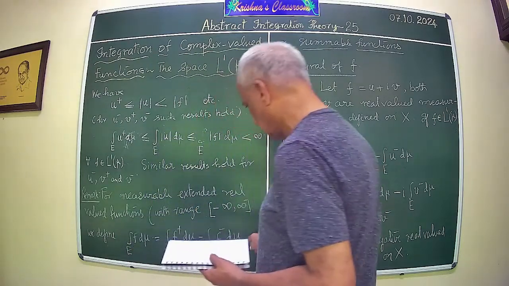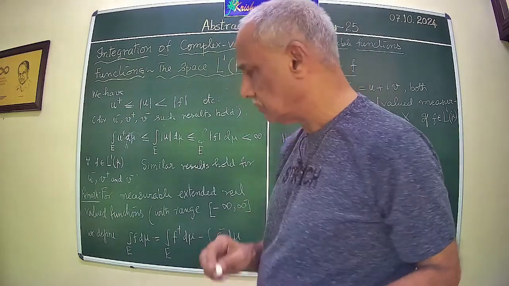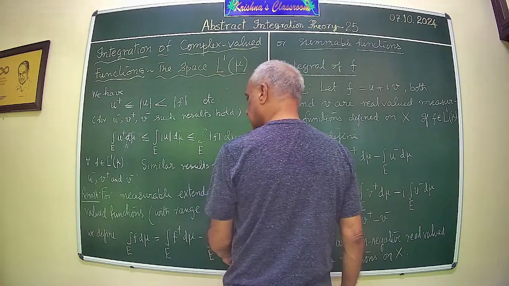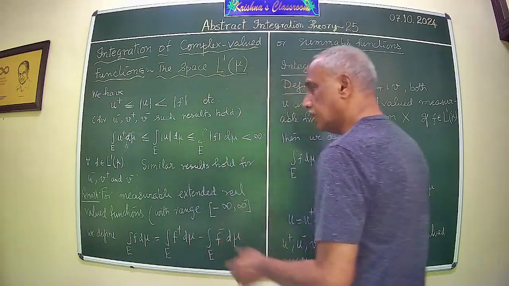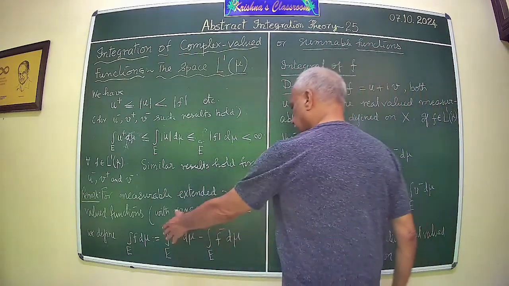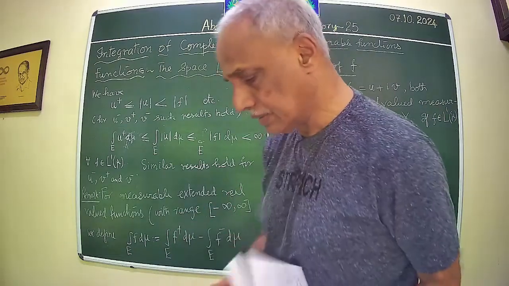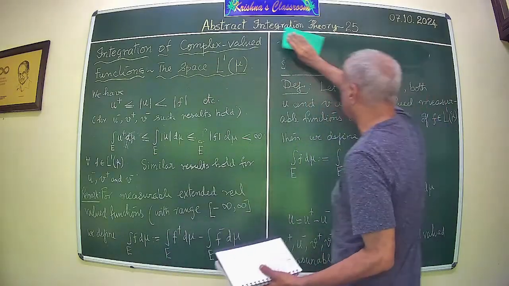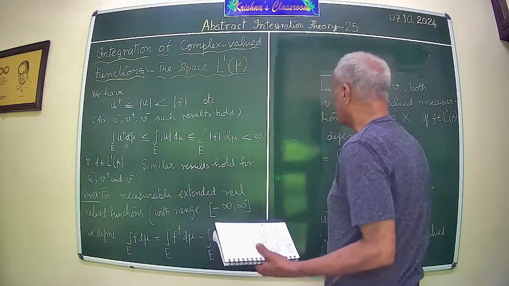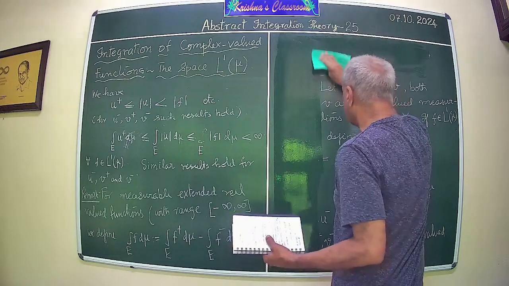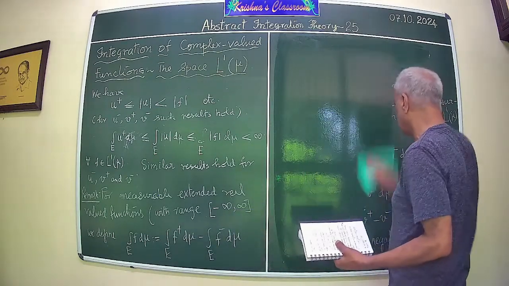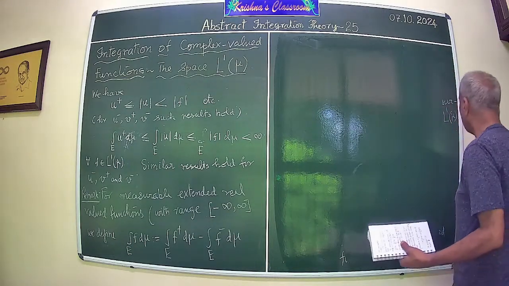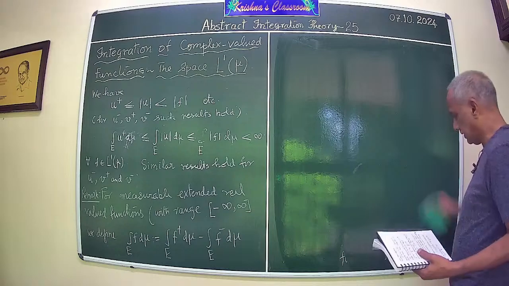But with one caution. The caution is that you have a minus sign here. If both integrals are plus infinity, then you are in trouble, because this is not well defined. Therefore, we have to put a restriction: at least one of them should be finite.